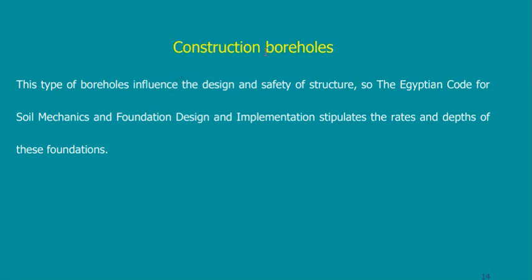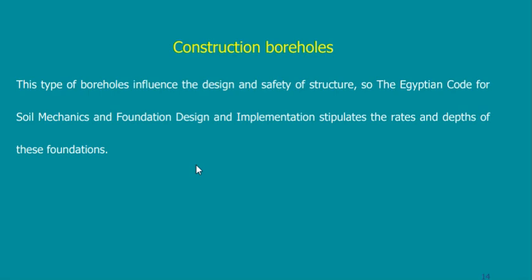Let's see, construction boreholes. This type of boreholes influences the design and safety of the structure. So the Egyptian code for soil mechanics and for foundation design and implementation stipulates the rate and depths of these boreholes. At a construction stage, these are the most important boreholes. If you go to a site, how many boreholes are you going to do?